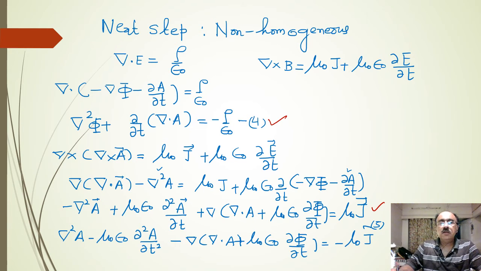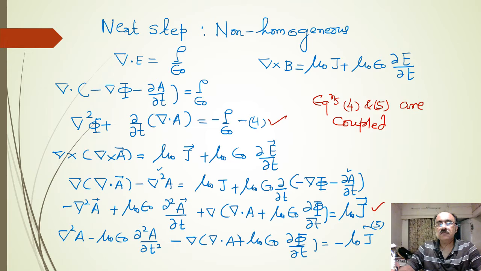If you see, equations 4 and 5 are coupled equations. They both involve A and phi. So yes, in the first part of our task, we have converted all the Maxwell equations in terms of A and phi.